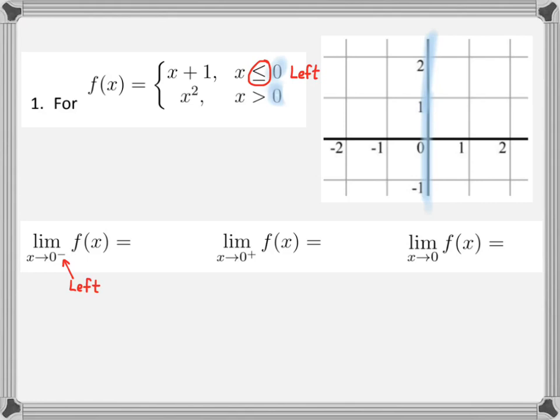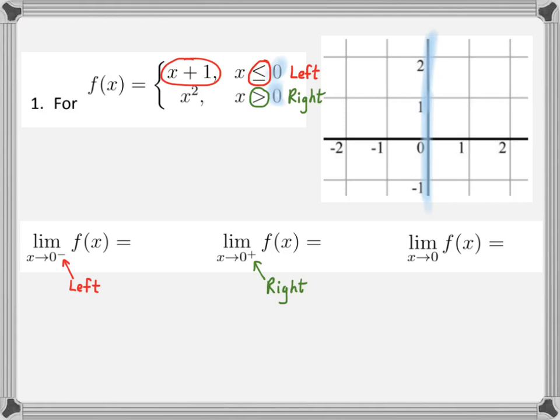The x plus 1 function applies on the left because that's where x is less than 0. Less than is on the left side. So that's the left function. And similarly, the x squared applies on the right of x equals 0 because that's where x is greater than 0.